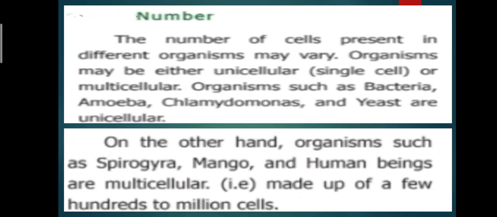Every single celled organism, such as an amoeba, captures and digests food, respires, excretes, grows, and reproduces. The similar functions are performed in the multicellular organism, however. In their case, these functions are performed by groups of specialized cells forming different tissues. These tissues in turn go on to form organs.